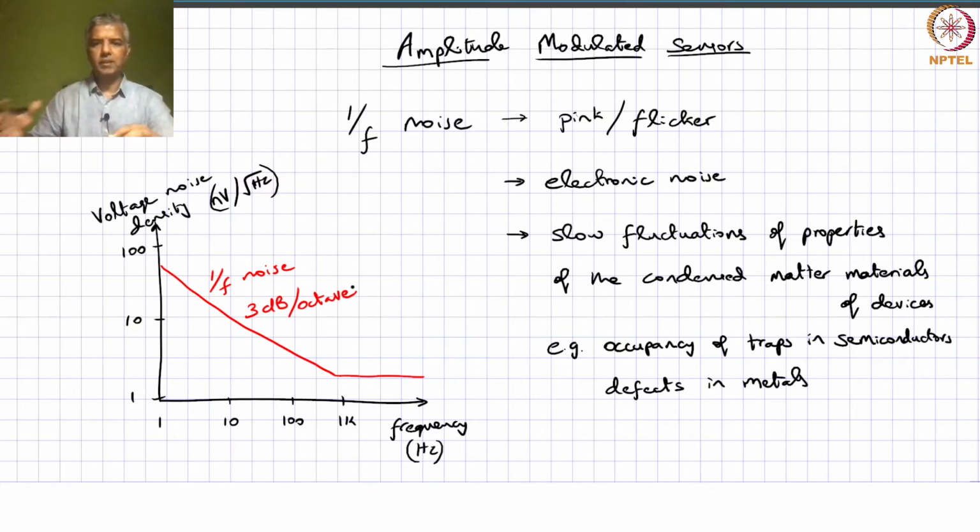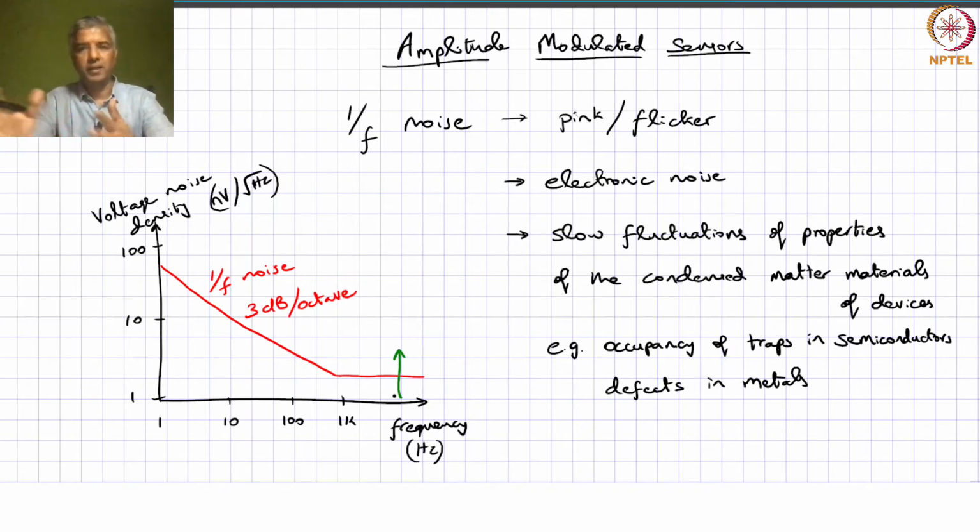If you are doing your detection outside of this, let's say at a frequency of say 10 kilohertz or greater than that, if you are moving your detection to these types of frequencies, then you can possibly avoid this 1 over F noise, and of course finally you will beat it down through the lock-in detection back to the baseband to extract your final signal, but you are essentially avoiding a lot of other components through which you can accumulate this 1 over F noise.